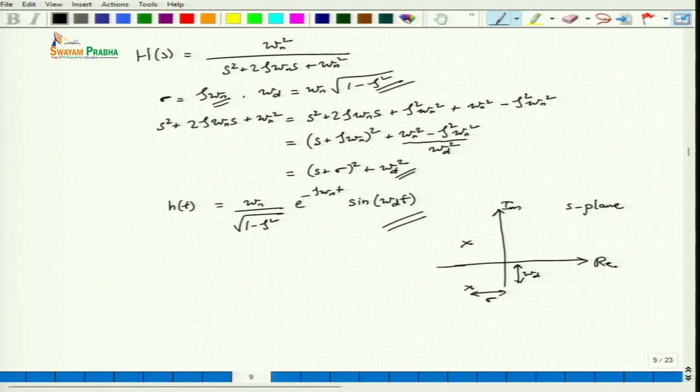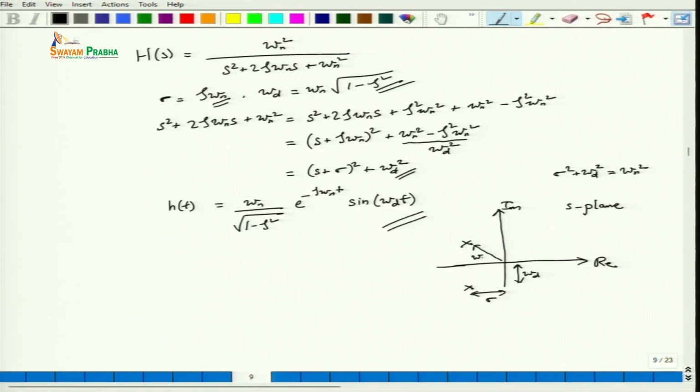And the magnitude of this will be, so this is in Cartesian coordinates. Now we want to do that in polar coordinates. We look at sigma squared plus omega d squared, and this will be equal to omega n squared.